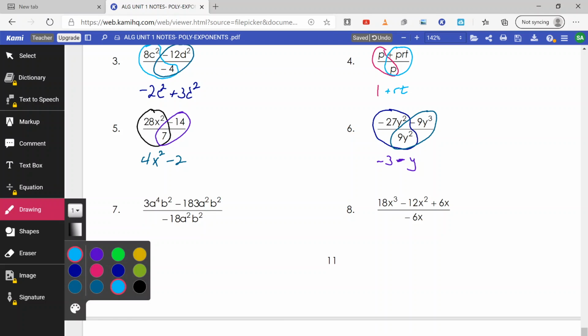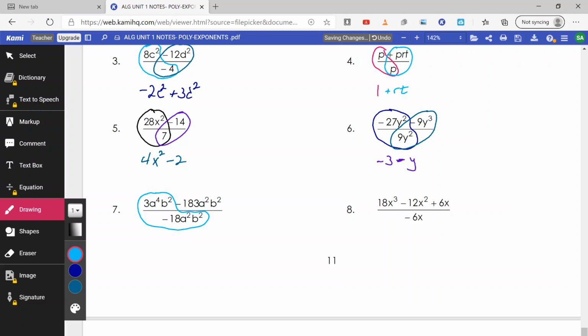Number 7, we have a little bit more going on here. So we have, again, first item divided by the denominator. 3a to the 4th b squared divided by negative 18a squared b squared. Here we have a bunch of stuff going on, so we have a fraction.